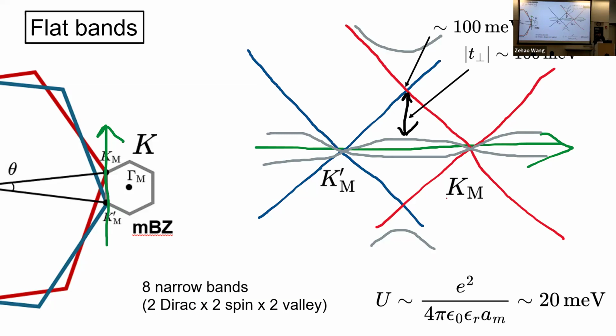But to really call bands flat, we have to compare the bandwidth to an interaction energy scale. The interaction energy scale can be estimated by considering the Coulomb energy between two electrons at a distance of 1 moiré length. If you plug in the numbers, you get an energy scale of around 20 millielectron volts.